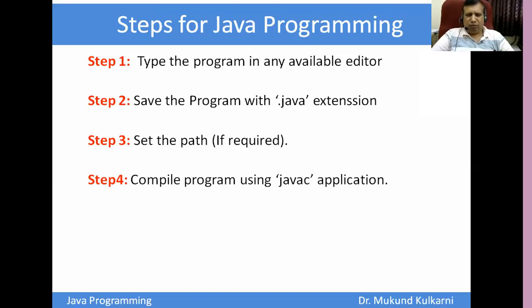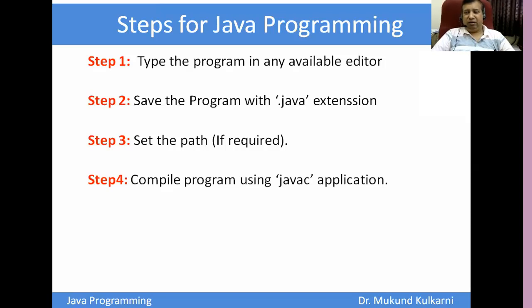Now step number 4, compile the program with the javac application. Your JDK folder contains one application in the bin folder, that is javac. It stands for Java compiler. So once your file is ready, you can compile that file by using the javac application.